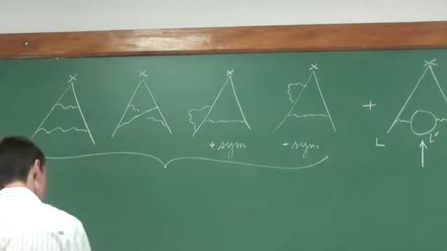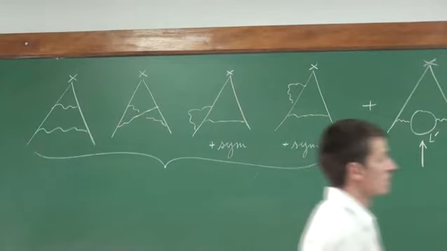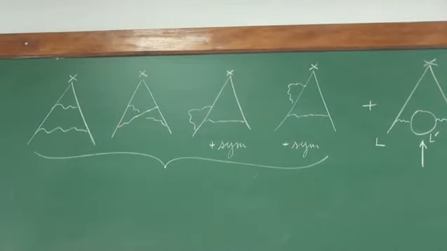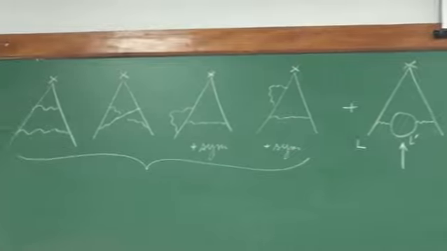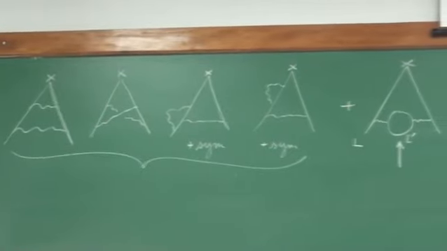So for this, you see that it is the same value for D. This is D equal to 0. This is diverging also. But you have a sub-diagram inside, vacuum polarization, that is also diverging.